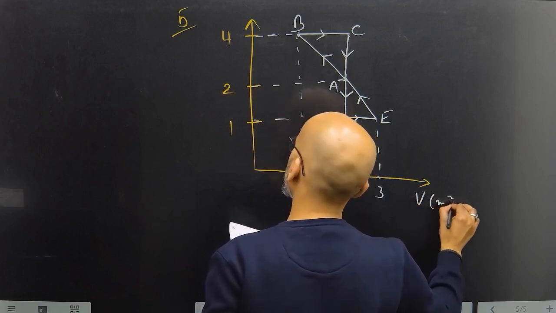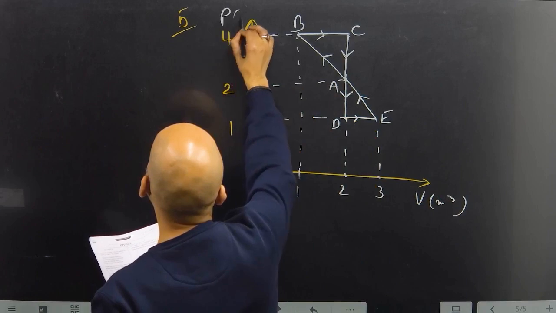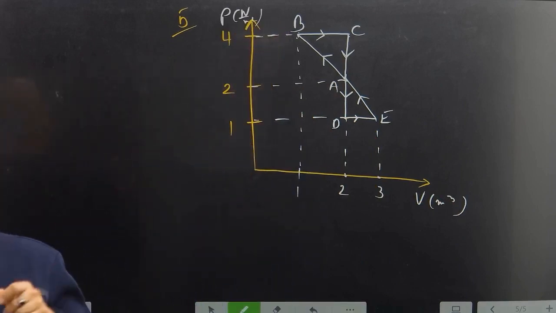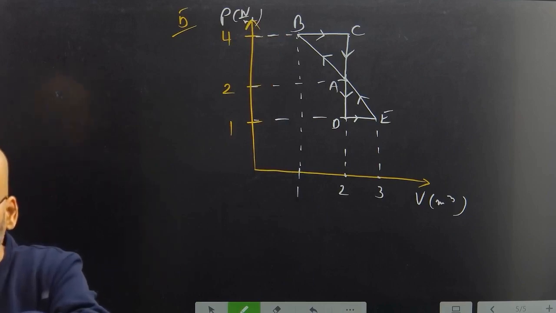Volume is here, in meter cube, and this is pressure, in Newton per meter square. Now they are saying that a monoatomic gas is carried along this process. So find the net work done.